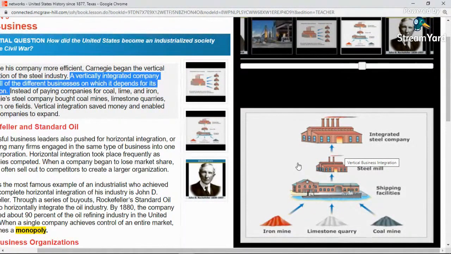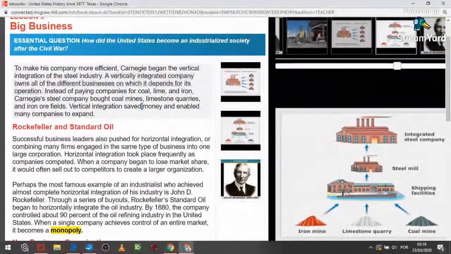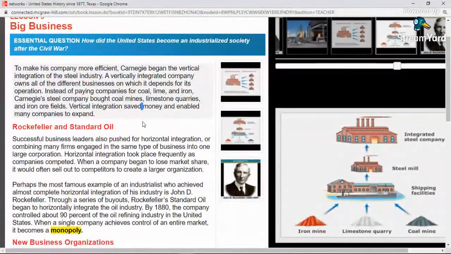This is vertical, top down, right? But we're going to see that there's also some horizontal integration. But why is this good? Because I don't have to buy from another company to get my stuff. I own everything, so I'm paying zero or nothing to get everything that I want.